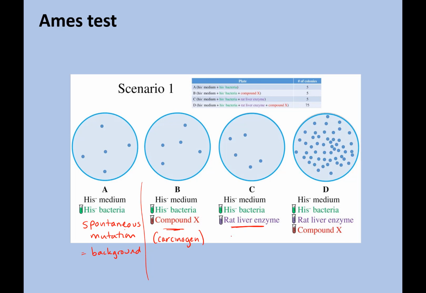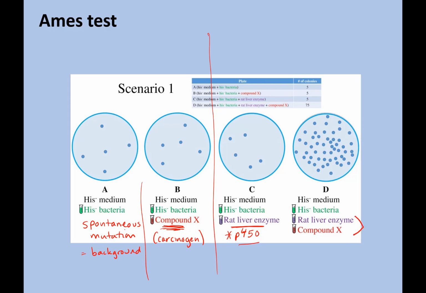So this is looking at if the liver enzymes like P450 are going to change that compound X into a carcinogen. Okay, so you really need to have, and your book does not illustrate this well, two sets of plates. Okay, one with just the compound X. Does it cause mutations on its own?